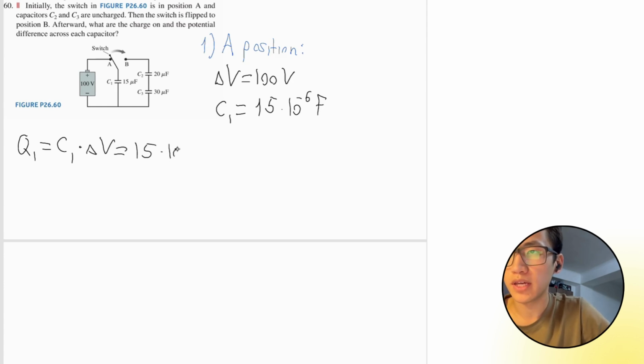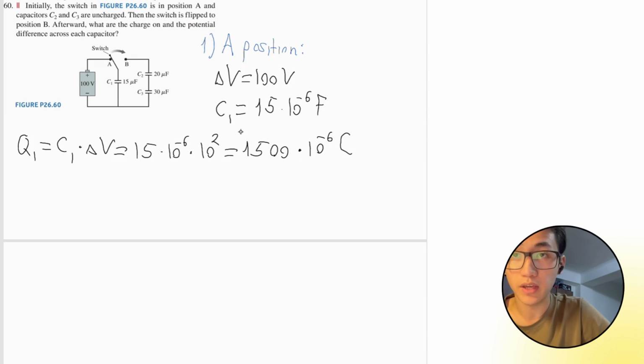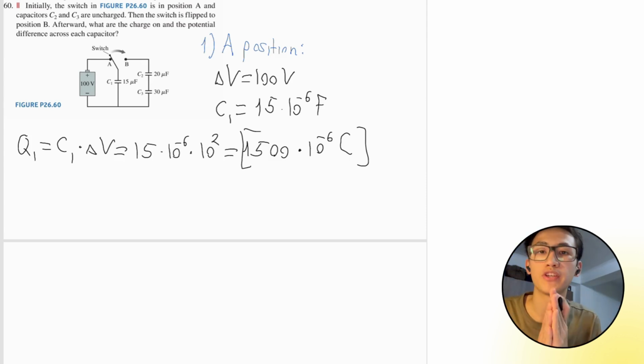It's 1500 microcoulombs. So we have initially this charge here when the switch is in position A.